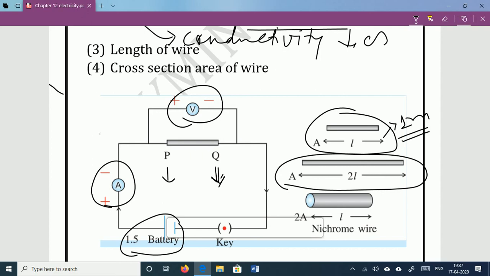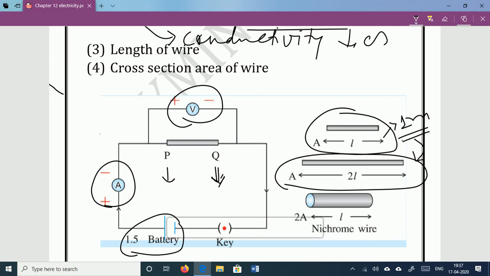Here the length is double, so the resistance also becomes double. So we come to the conclusion: resistance is directly proportional to length. As length is increased, resistance is also going to increase.